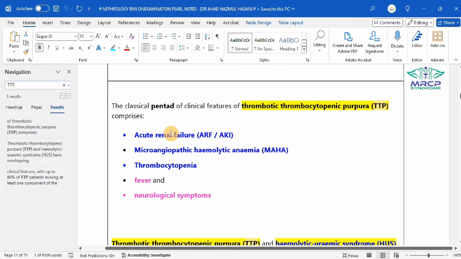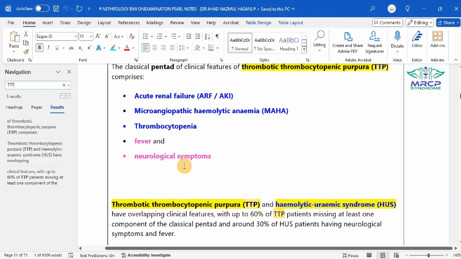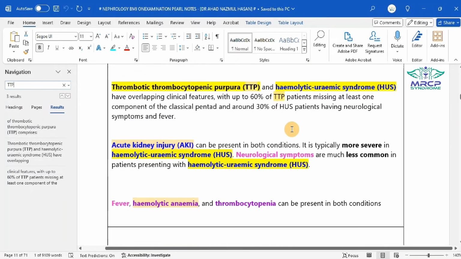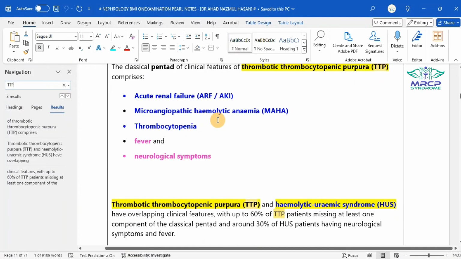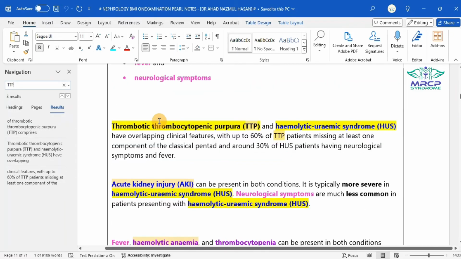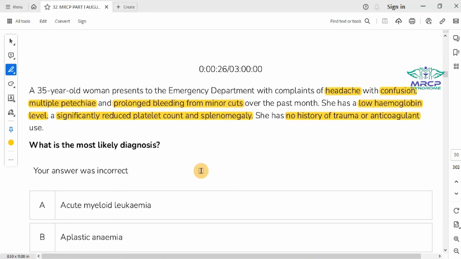So features of acute renal failure, microangiopathic hemolytic anemia, thrombocytopenia, fever, and neurological symptoms is the pentad of TTP. And in case of HUS, you will get the triad. There would be acute renal failure and microangiopathic hemolytic anemia, but no neurological features.